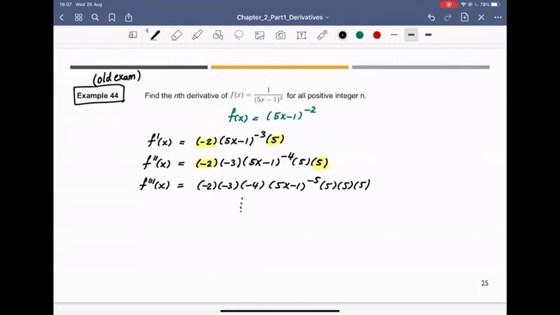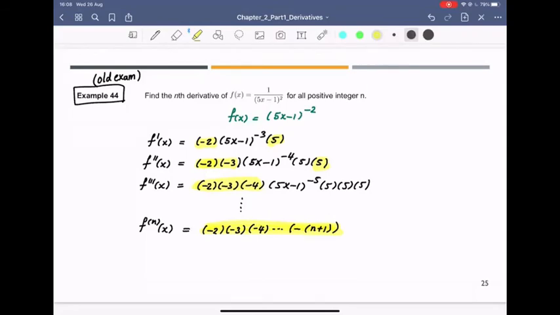All right, so what is going to be our n-th order derivative? For sure, it's going to be -2, -3, -4, up to -n minus 1. Let's talk about the part I highlighted in yellow. It matches the pattern, right? If you do the second derivative, you multiply up to -3. So for the n-th order derivative, you multiply up to -n minus 1.